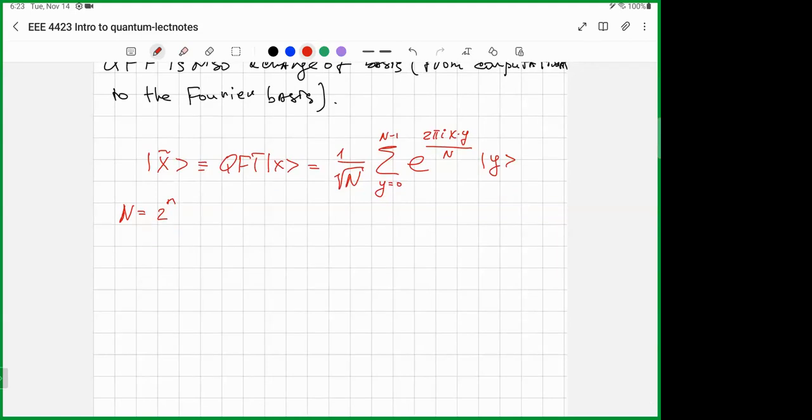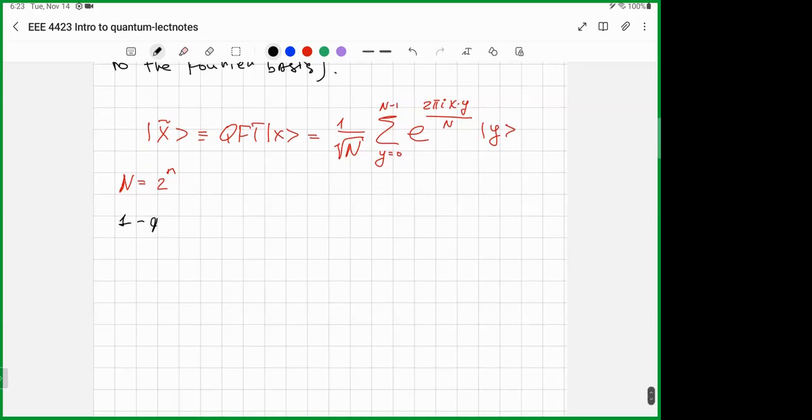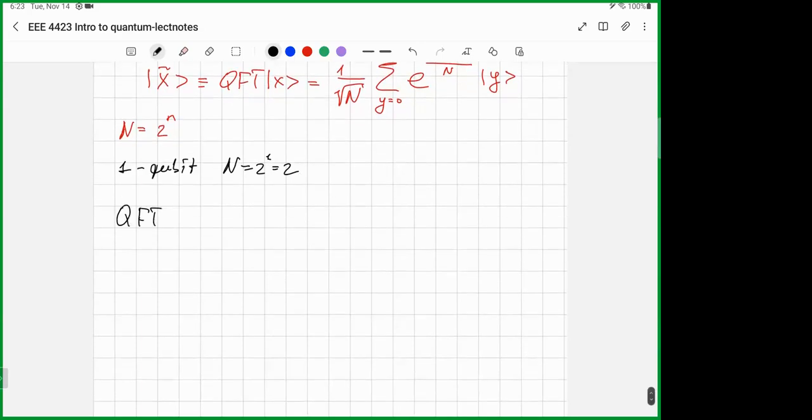So it's instructive to write down this formula for a single qubit system. For example, for one qubit, capital N is equal to 2 to the power of 1, which is 2, right? We can write the QFT of the computational state using this formula, with y from 0 to 2 minus 1, which is 1, right?